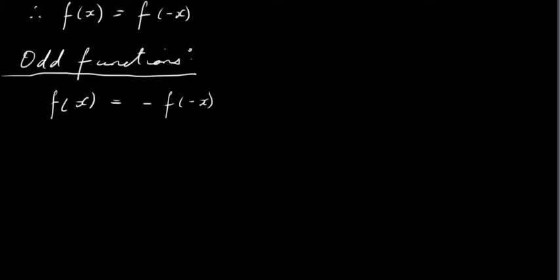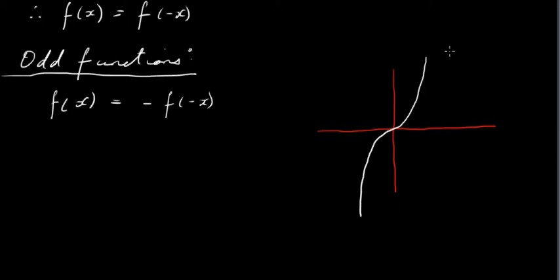If we take our x and y axis again, and let's take a basic function, y is equal to x cubed. So it will look something like this. It'll come down along here, across here, and down along here like this. So this is f of x is equal to x cubed.